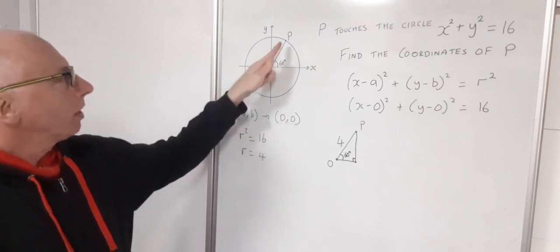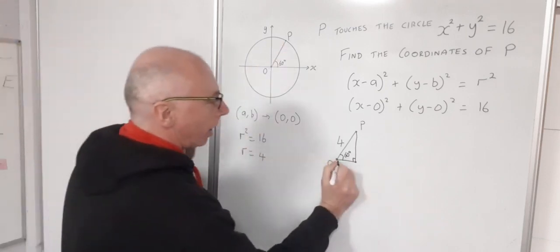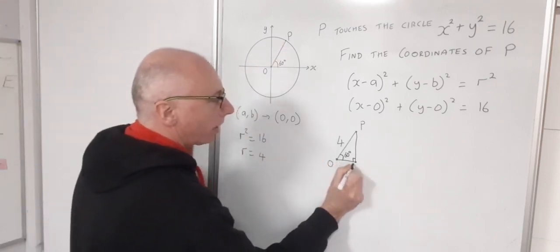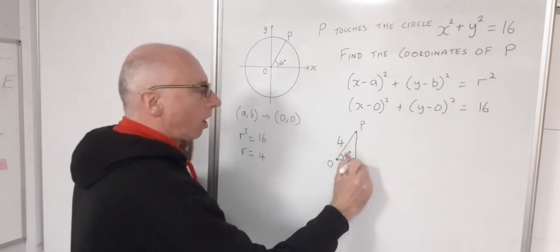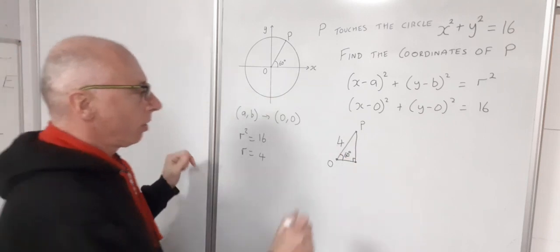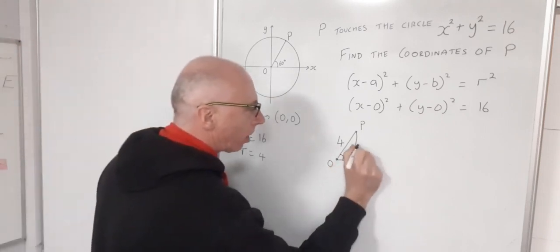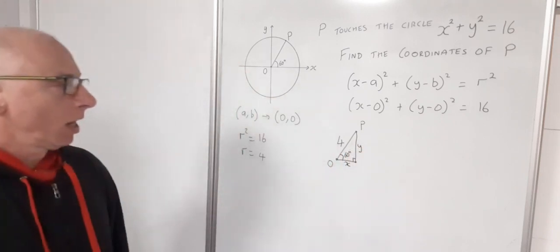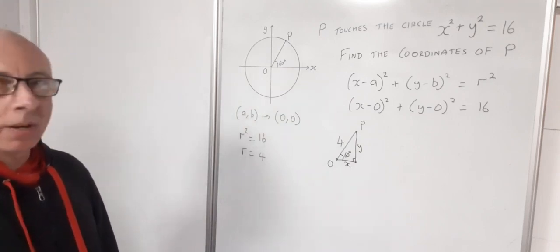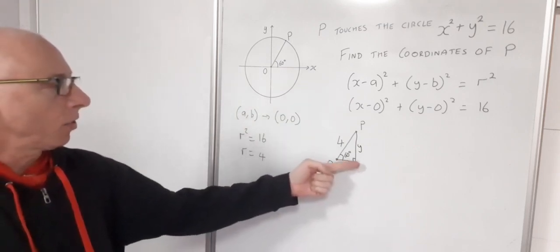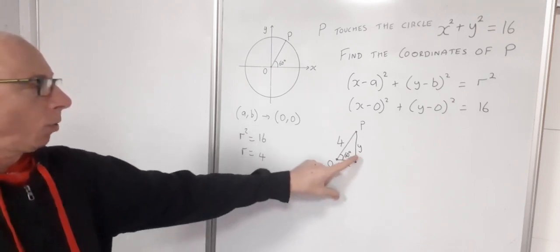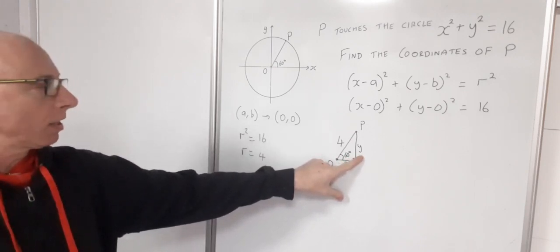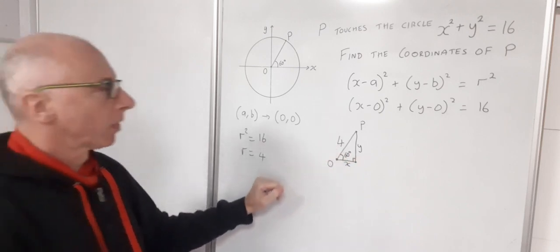So we can find our coordinates by using this length here for our x coordinate and this one here for our y coordinate. So I'm going to call that x and that y. Okay, now we can just use SOHCAHTOA to find our values for x and y. For y, we want opposite over hypotenuse.